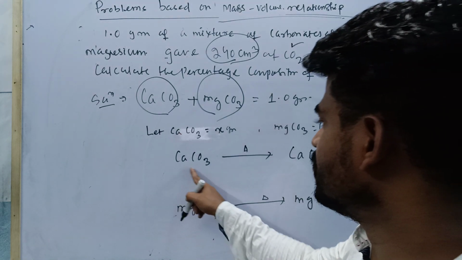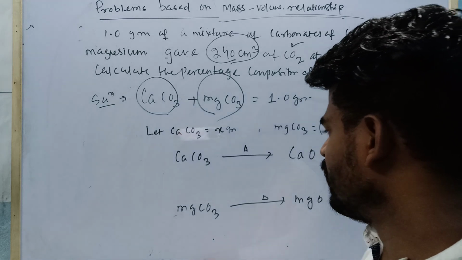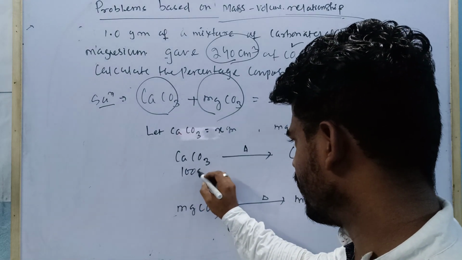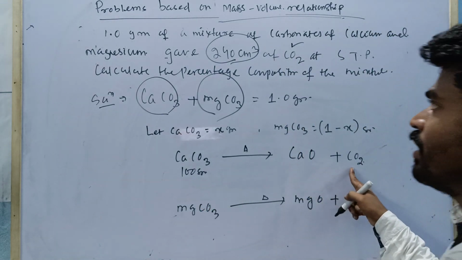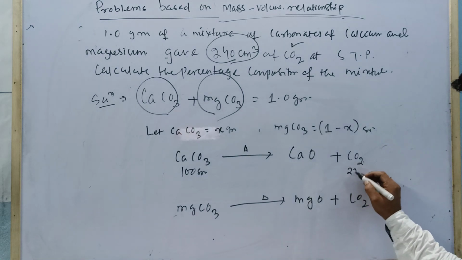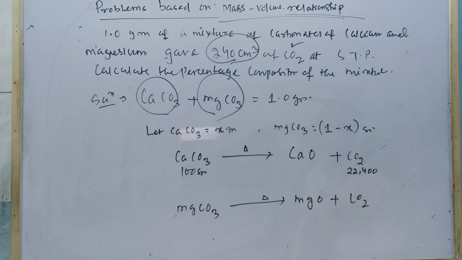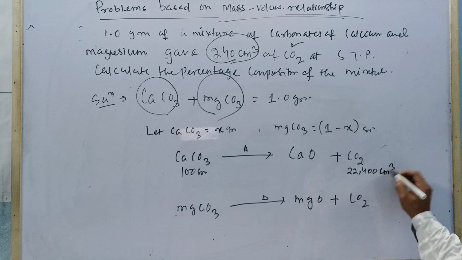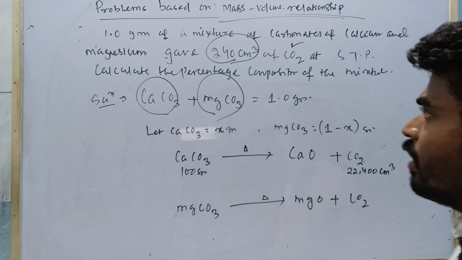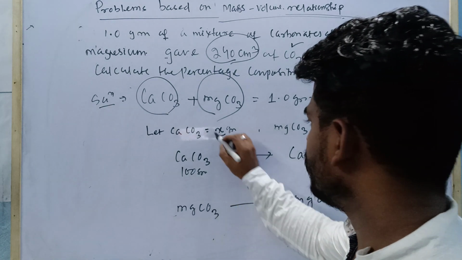So this is calcium carbonate. Here 100 gram will give you 22,400 cm³ of carbon dioxide. So what is our amount? X gram.